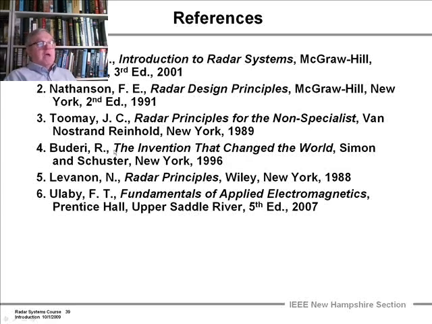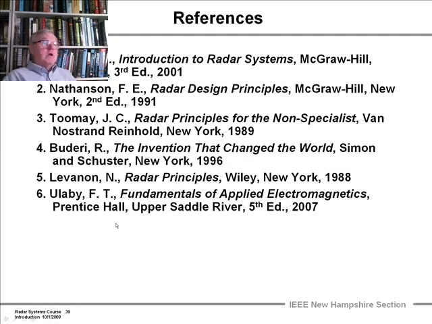Bob Buderi has a great book about the evolution of radar and how it affected World War II, and I had a lot of fun reading that. There's Professor Levanon's book on radar principles, all equations, not many pictures of hardware, and Ulaby's book, Fundamentals of Applied Electromagnetics.